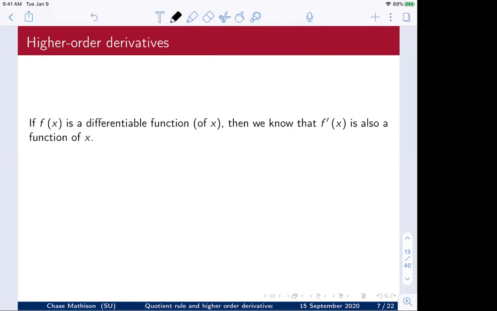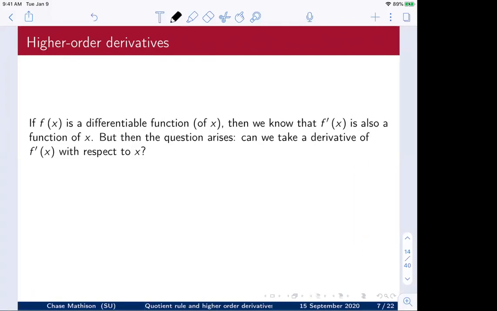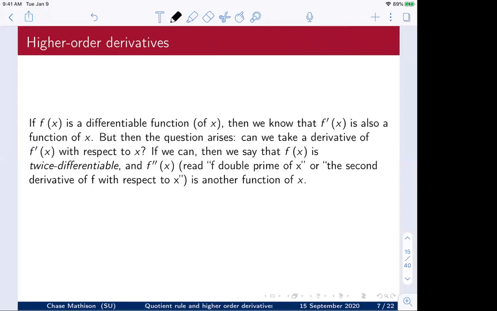There could be. But the natural question that arises is if I have another function of x, can I take another derivative? And if you can, then you call that second derivative f double prime of x, or simply just the second derivative of f with respect to x. Okay? And that itself is another function of x.